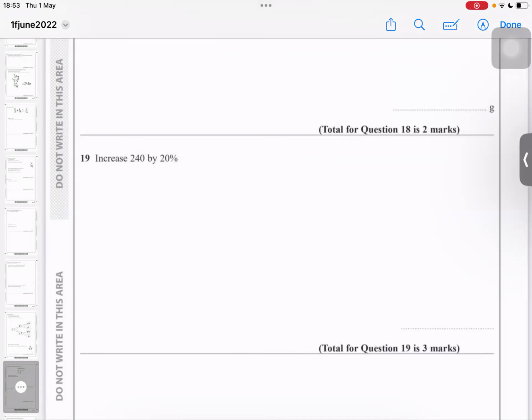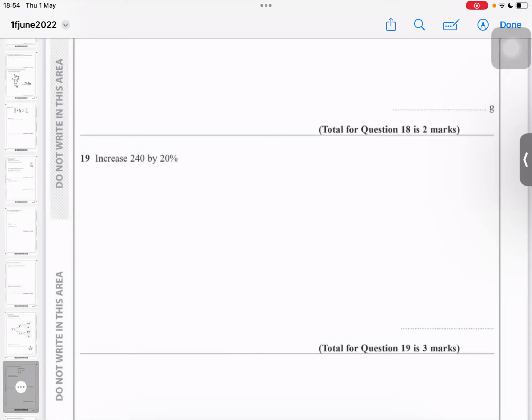Okay, so it says increase 240 by 20%. Well, how would we go about this? There are two ways we could do this. We could first go about it by saying 20 over 100 times 240 over 1, work it out, get the answer, take that answer and add it to 240.